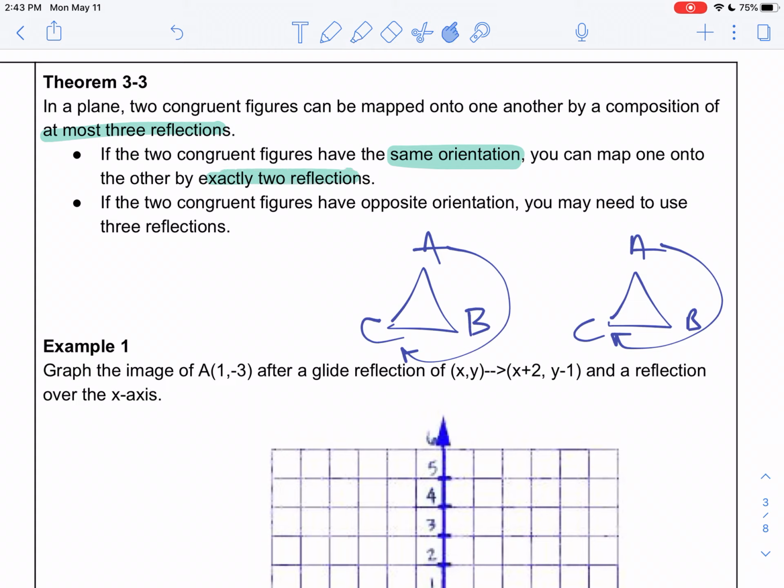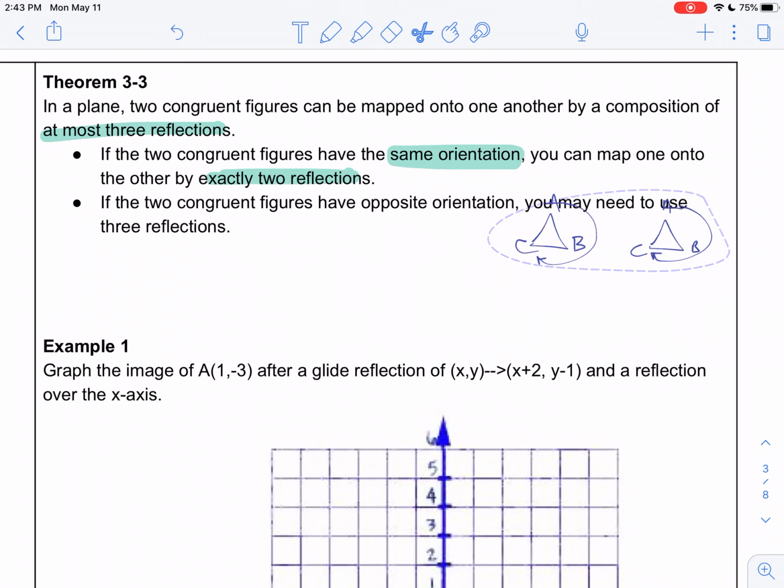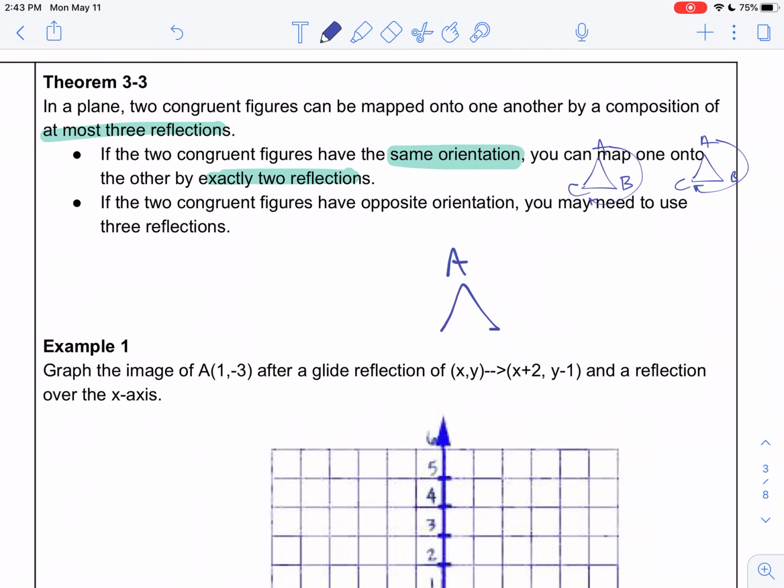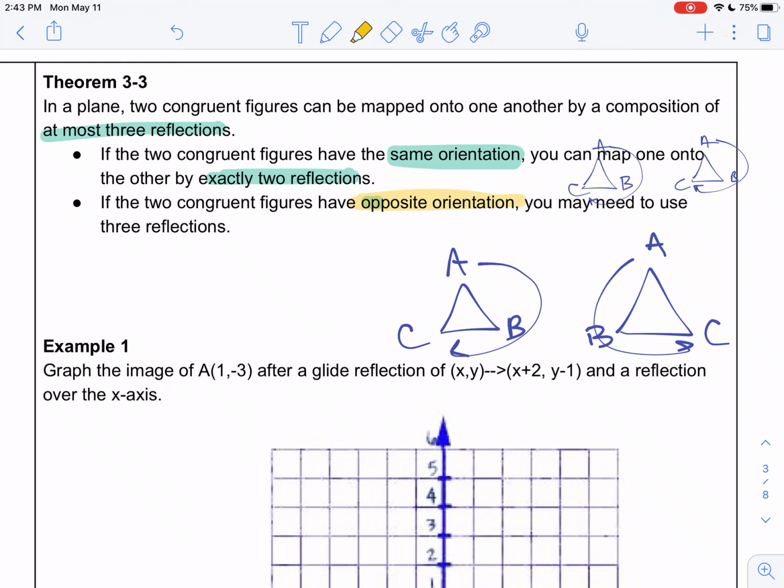If they have opposite orientation, and remember opposite orientation, so we start with triangle ABC, and now we have triangle ABC but going the other way, we might need to use three reflections. It's going to be an odd number of reflections, either one or three.